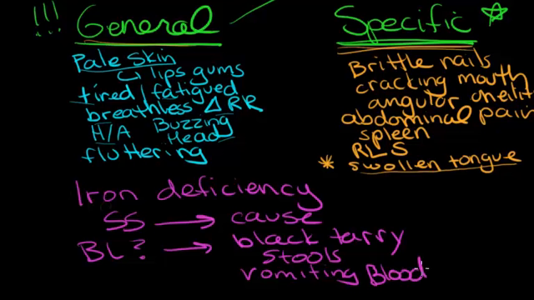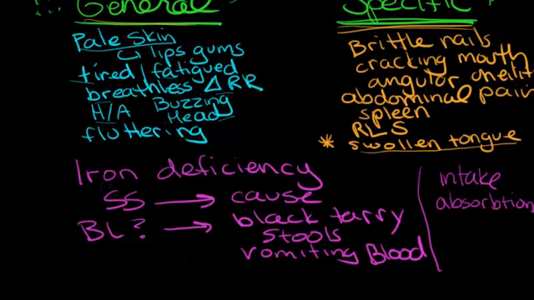That would be one thing you'd look for. And then, of course, you would look for reasons why this person is not getting in enough iron to make the red blood cells. So you would be looking at intake problems, you'd be looking at absorption, and so on.